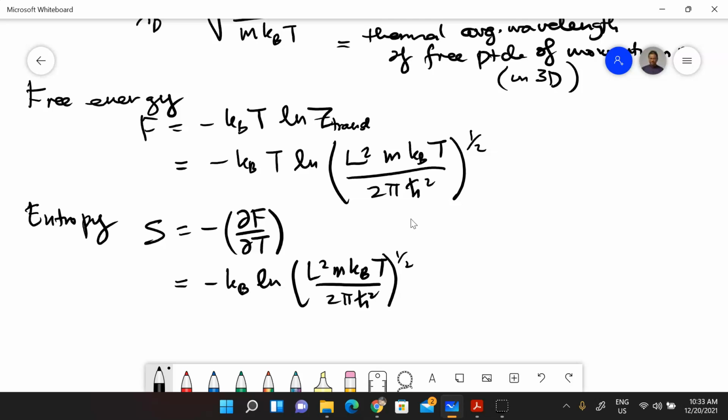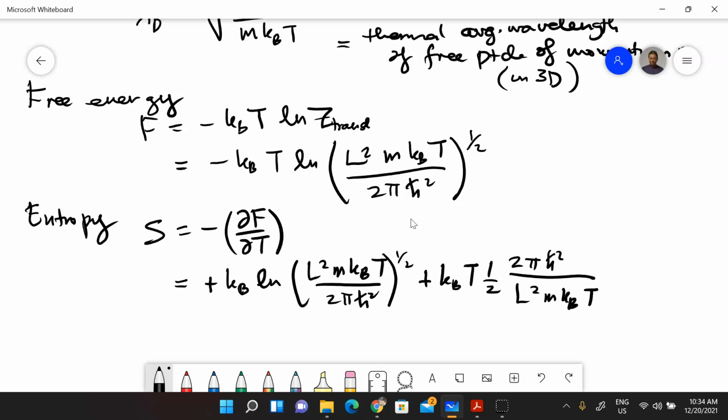I can bring the half out in front of the log, so I should have a plus here. The first term is not differentiated now, so kBT stays there, and then I differentiate the log. Using the half in front, I take the derivative of the log, which is the reciprocal: 2 pi h bar squared over L squared m kBT.